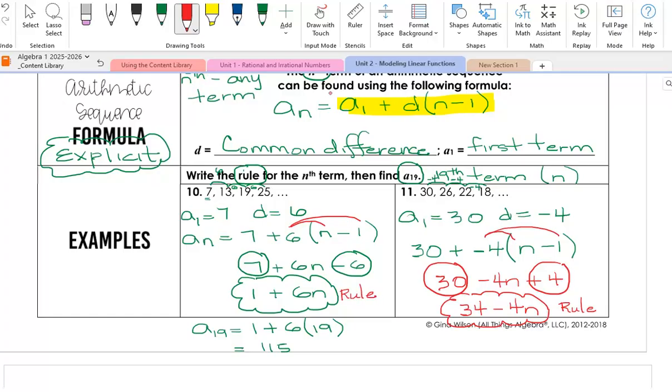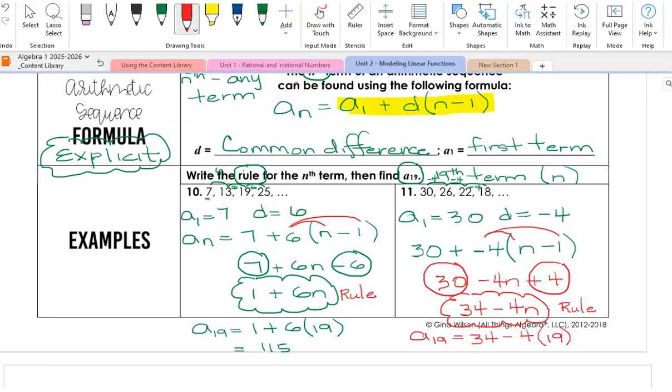Now, we want to know the 19th term, so a sub 19 equals, the number 19 goes where n is, so it's 34 minus 4 times n. Oop, not an n. We're going to erase the n, and we're going to put a 19 here.